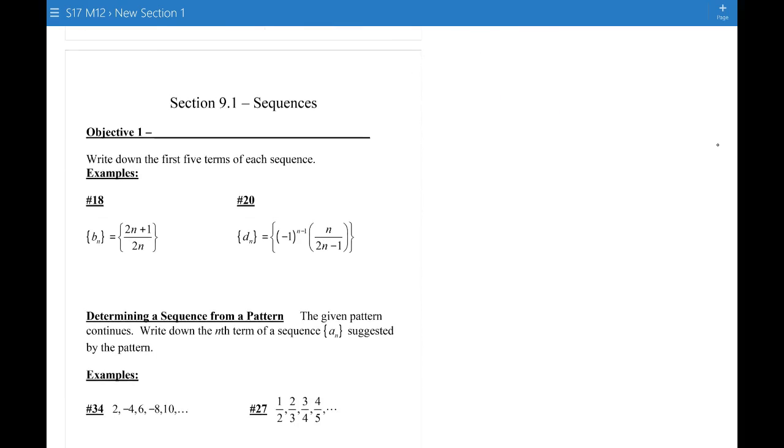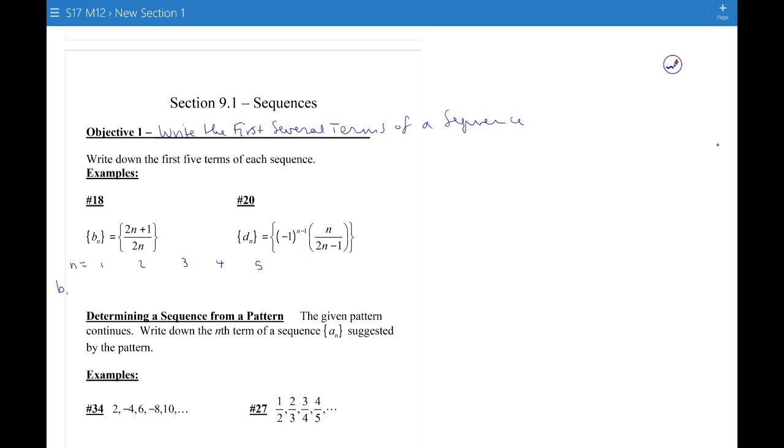So our first objective is going to be to just write the first several terms of a sequence. So we looked at these first two in class, and we talked about that you let n equal 1, and then 2, and then 3, and then 4, and then 5, and so on.